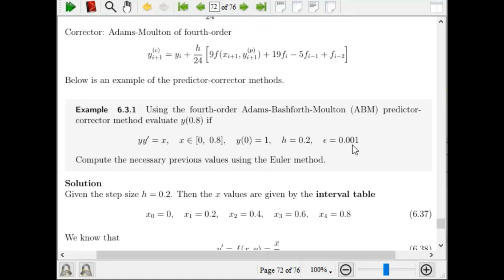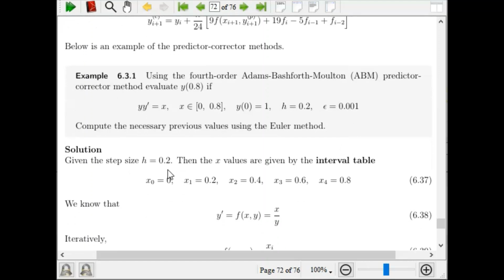Whenever you see epsilon, you know we may have to compare the current solution to some previous solution to check the threshold. We understand how to get the table values: 0, h, we add h, we add h, we add h. So that is the x interval. We cannot go beyond the interval.